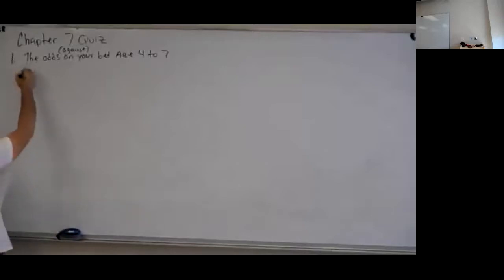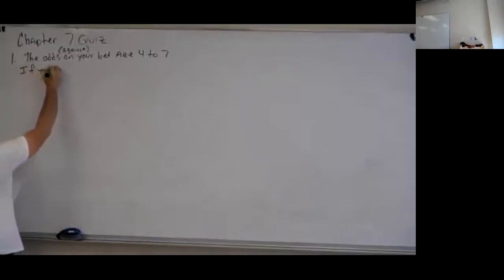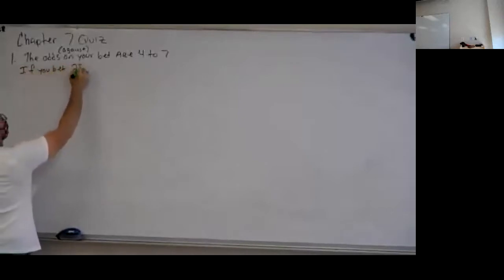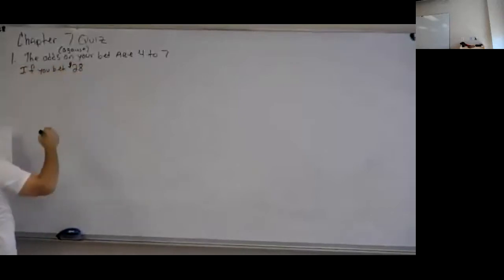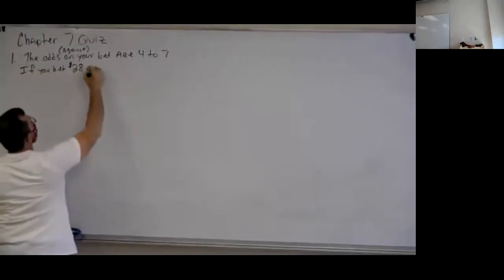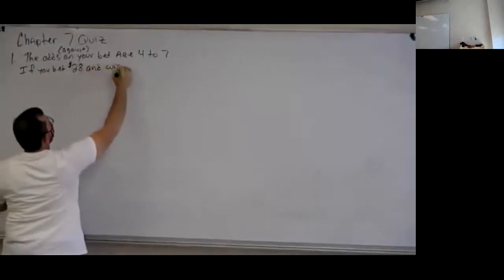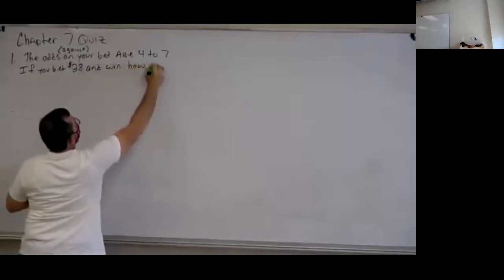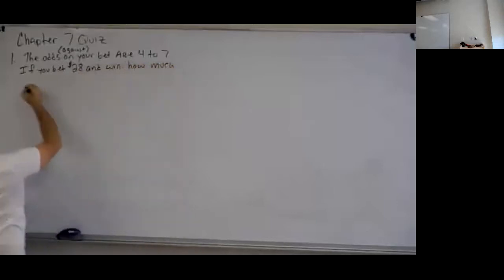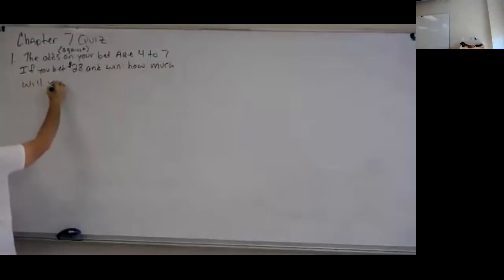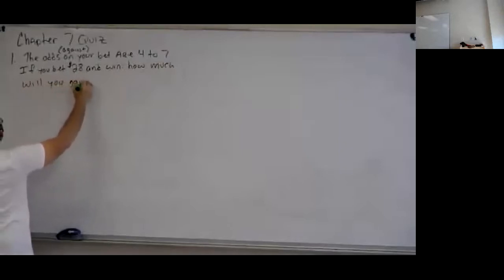If you bet $28 and win, how much will you gain? And really what you got to do is set up those odds as a fraction, and then you're going to multiply by the $28 that you bet.